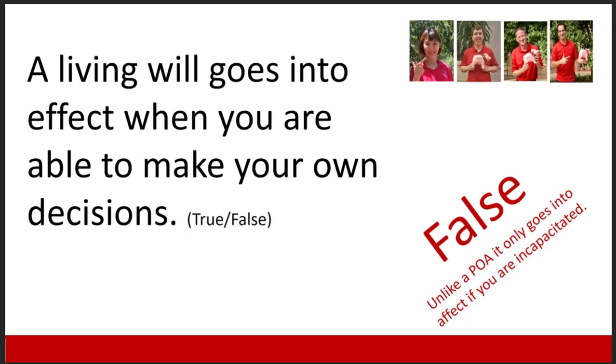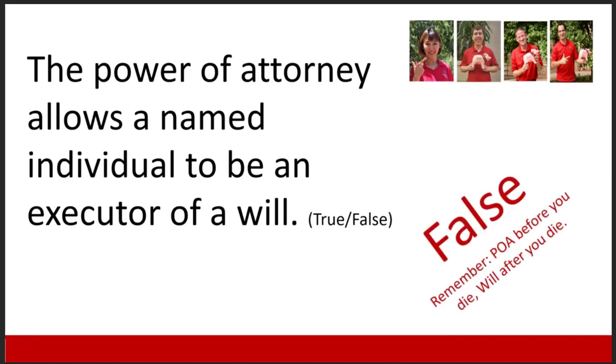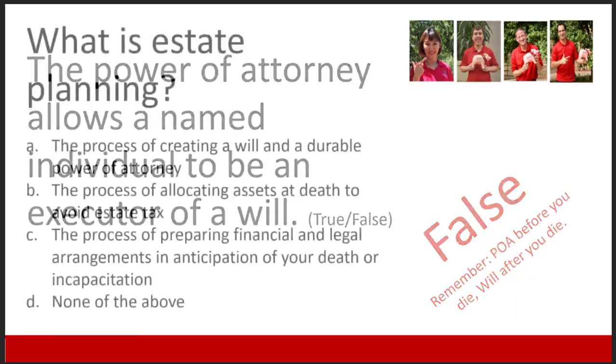Exactly. So basically, you just need to change: you are not able to make your own decisions. The power of attorney allows a named individual to be an executor of a will. That's right. So again, it's power of attorney before you die and will after you die.